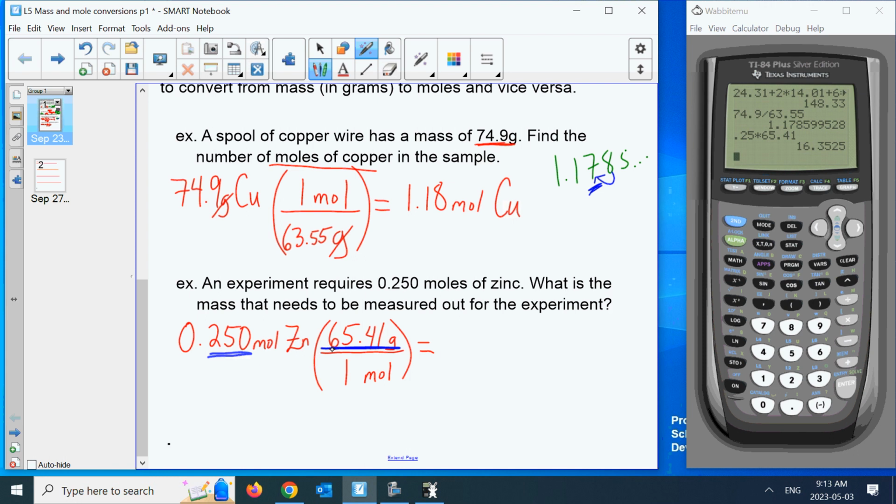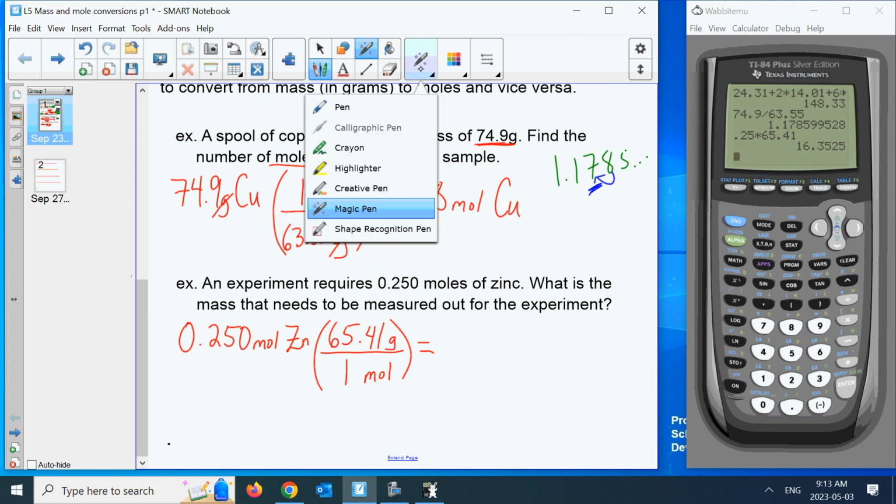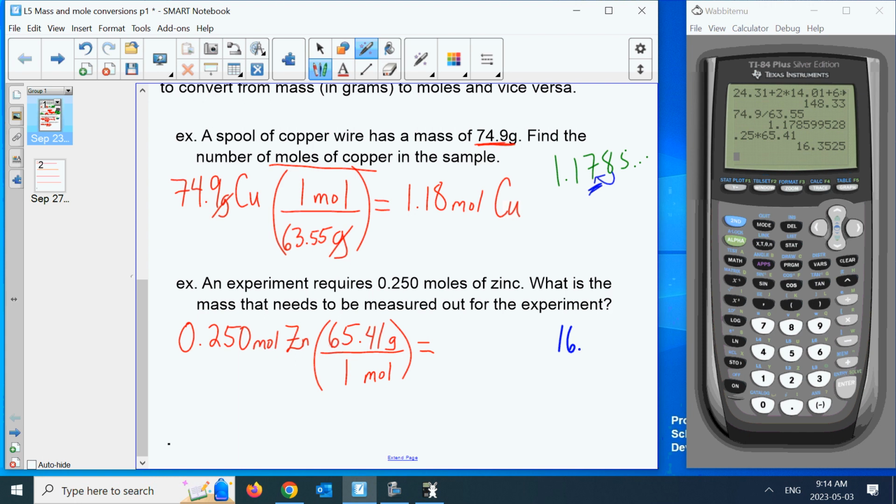You can chop it off at 16.3, but there's a 5 behind, so I need to round up. I'm going to put 16.4. 16.4. This is moles gone, grams, and the chemical is zinc.